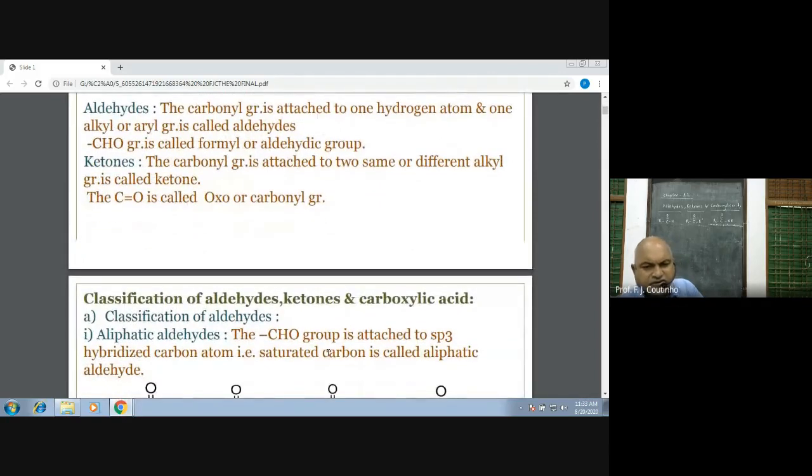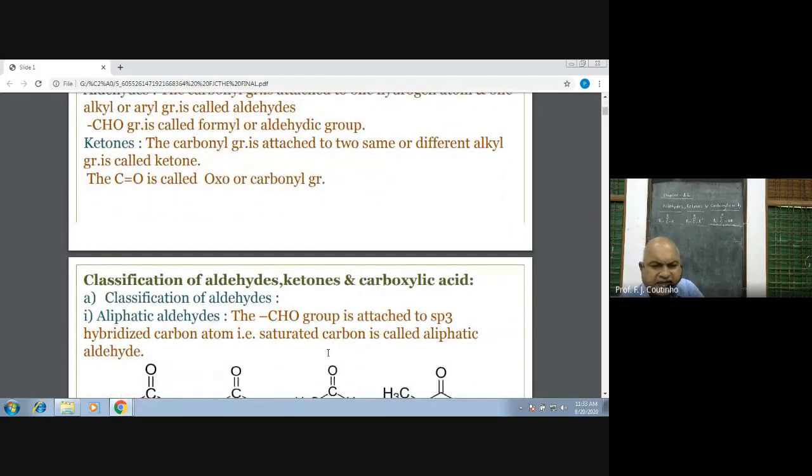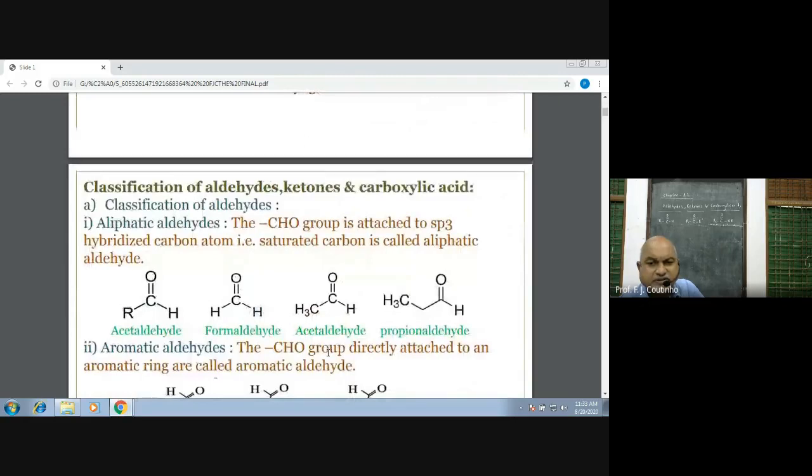Now we are going to study the classification of aldehydes, ketones, and carboxylic acids as follows. As I told you earlier, all these aldehydes, ketones, and carboxylic acids have one thing in common on the left hand side, that is R, C, or R dash, or an alkyl group.